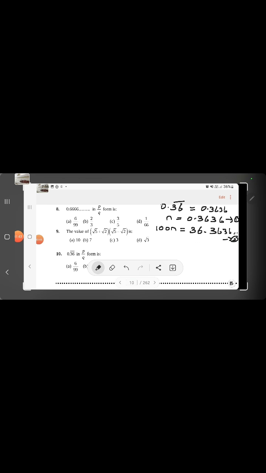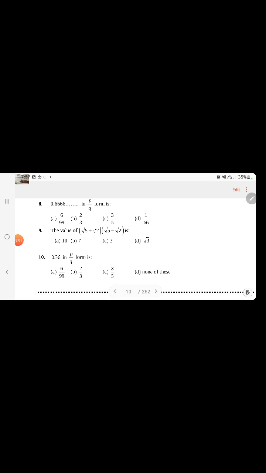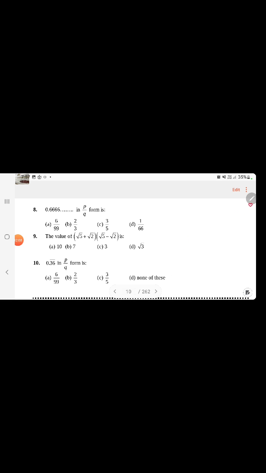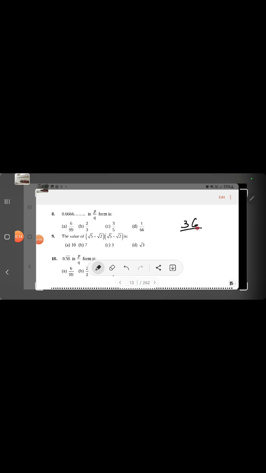So, if we subtract equation 1 from equation 2, that is 100n minus n is 99n, equal to 36.000. So, n is equal to 36 by 99.